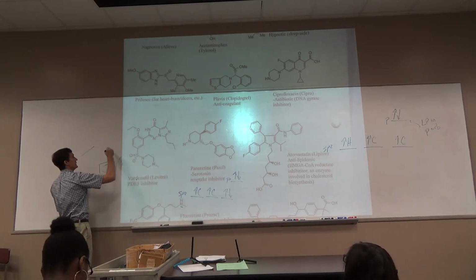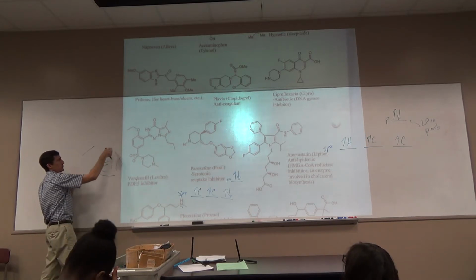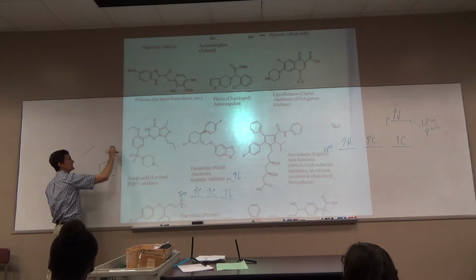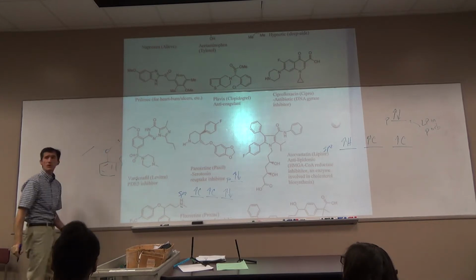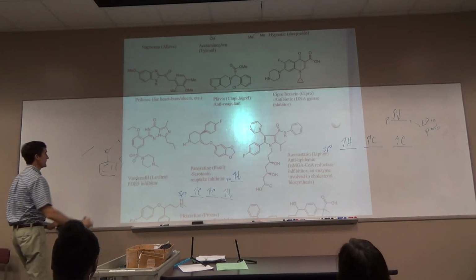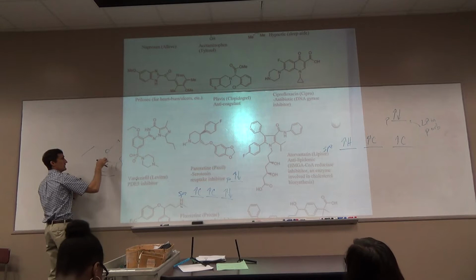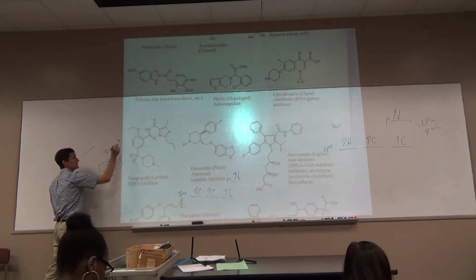Trigonal planar. So it would be like this, right? But what is this? This is an orbital. What's in this orbital? Lone pair. Sometimes you can see a lone pair drawn like that to indicate direction. Okay? I mean, that's really an orbital. But there's your trigonal planar. One lone pair contributes to that trigonal planar.